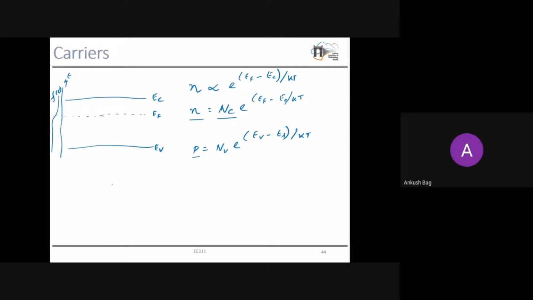Now in case of an intrinsic semiconductor, that means a pure semiconductor without doping and defects, you have n equals p.